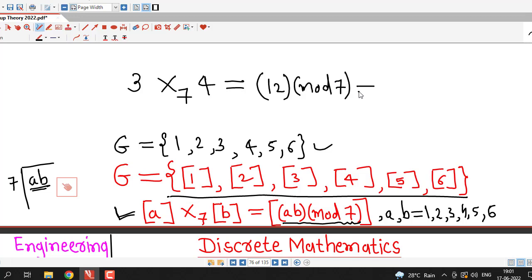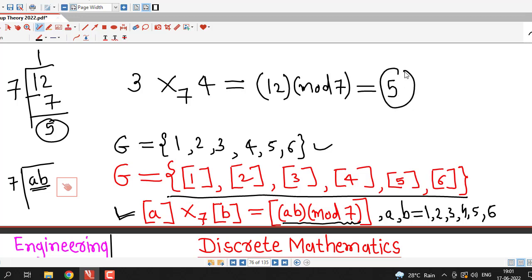That means I have to find the remainder when 12 is divided by 7. We know the remainder is 5. Therefore 3 and 4 operated by multiplication modulo 7 will give us 5.